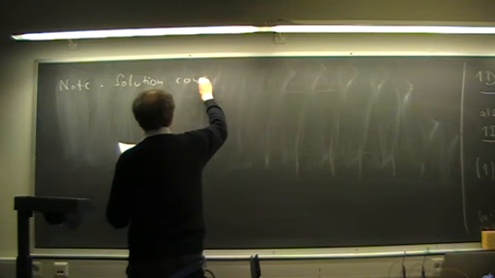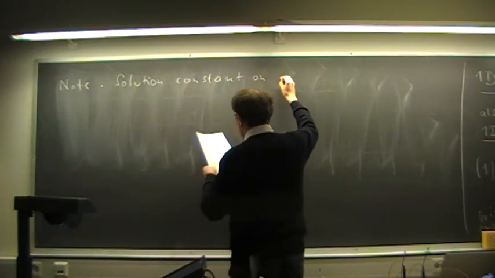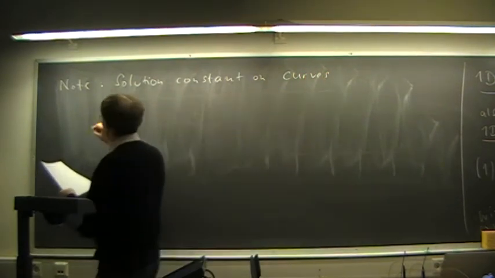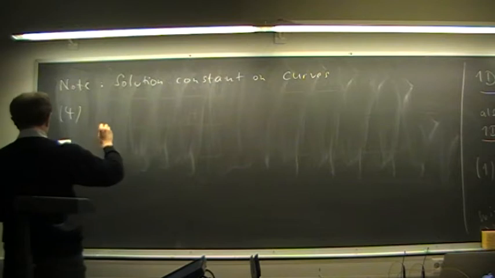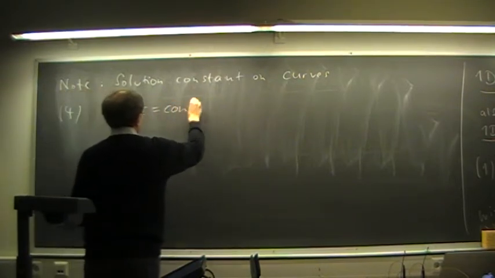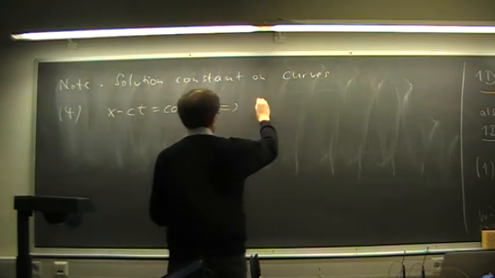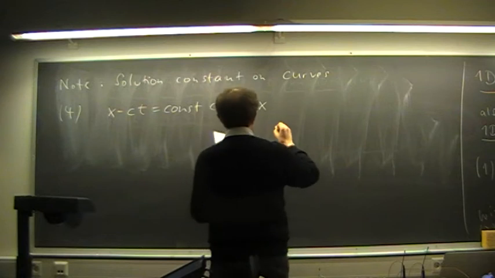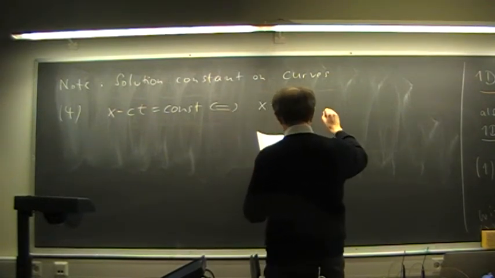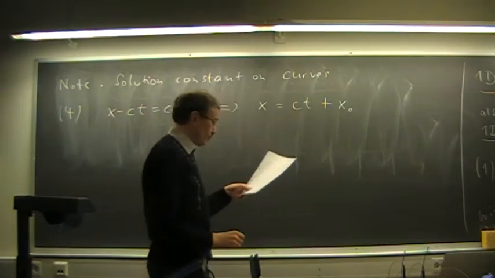The solution is constant on curves, the following ones, that is when x minus ct is constant. And that's equivalent to saying that x is equal to ct plus some constant that we call x0.